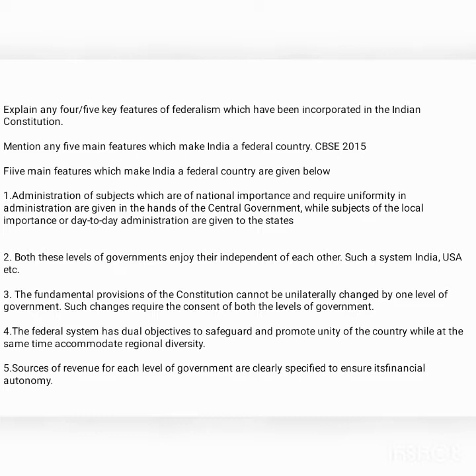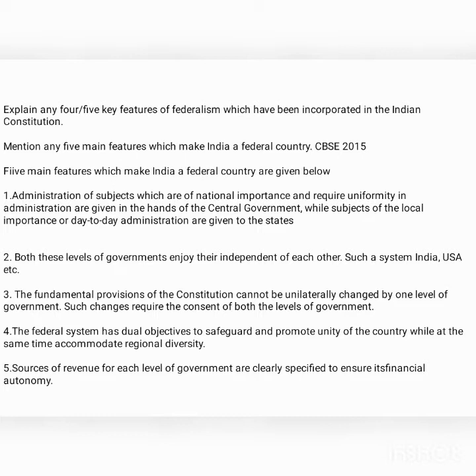If the fundamental provisions of the Constitution are going to be changed, it cannot be accepted merely by the Parliament, but it should be sent to the state legislative assemblies. There should be a special majority for that particular bill to be enacted as a law.